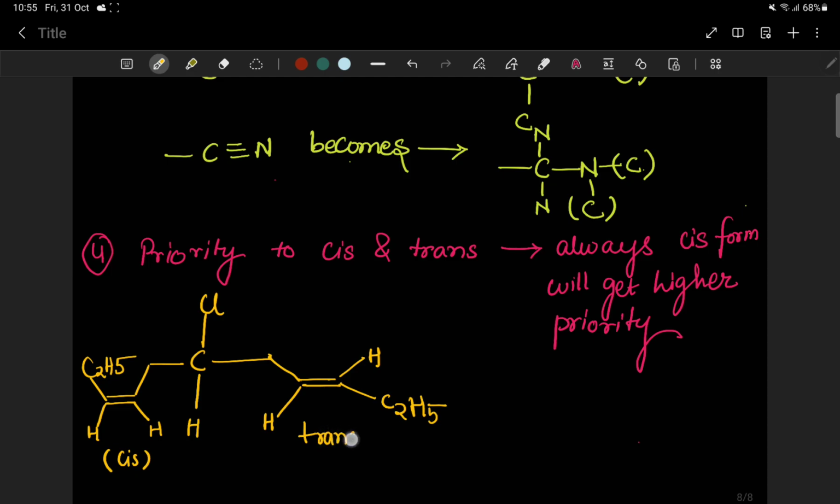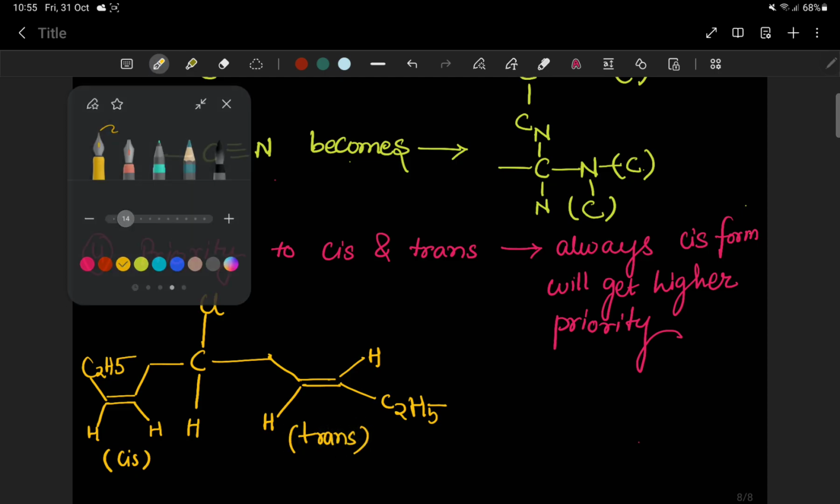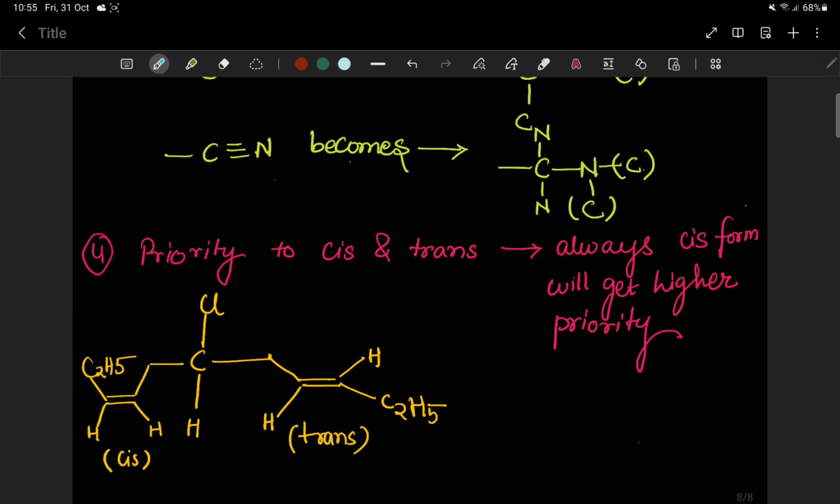And how am I doing it? I am determining it with a different color. See this one thing: when you can see the highest priority groups in diagonal position, this is the trans form, and this is our cis form. I'll show you that it cancels the rotation and everything. And this is the cis form, so the cis form will have the highest priority. So how will you prioritize the groups?